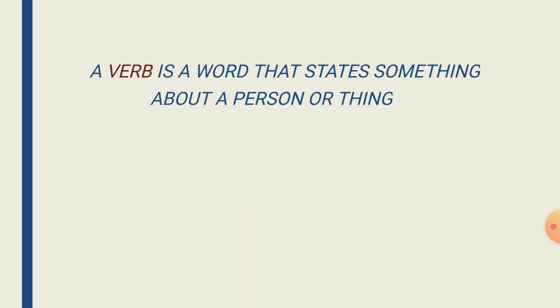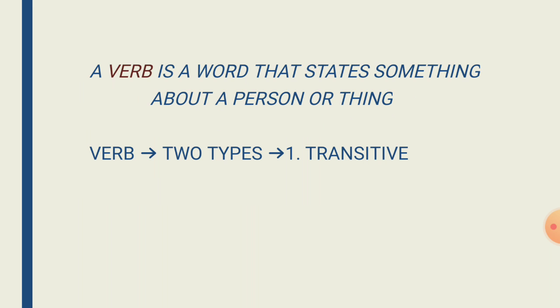So we must know first what is a verb. A verb is a word that states something about a person or thing. A verb is of two types, transitive and intransitive. Before learning each term very clearly, let's see some examples.